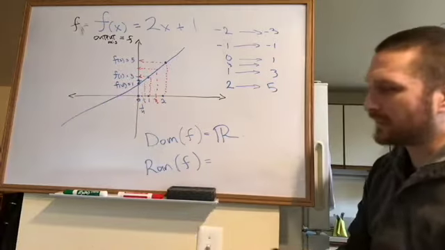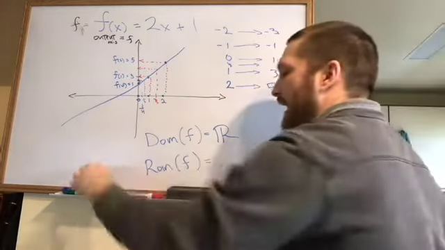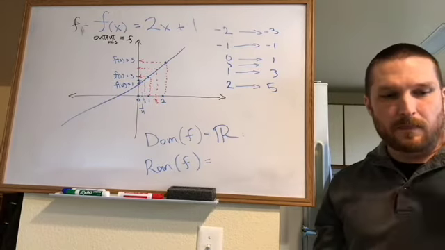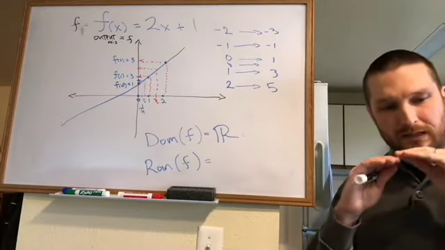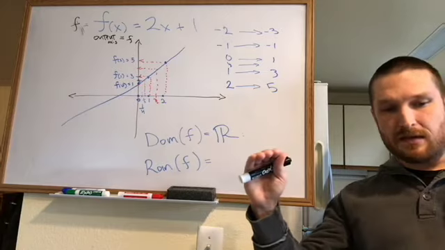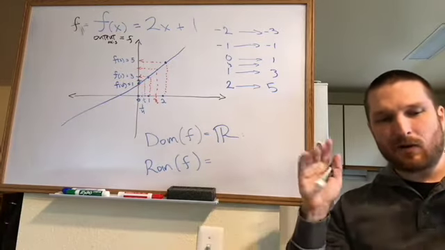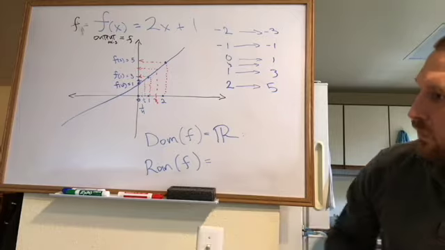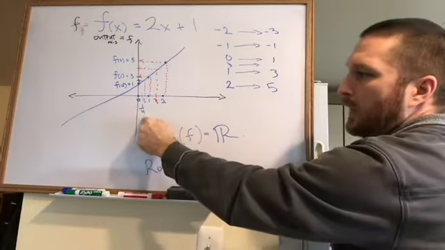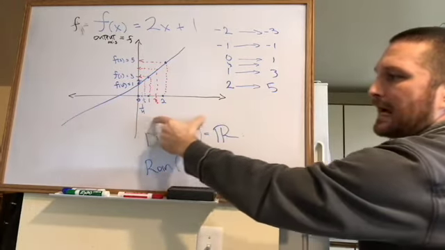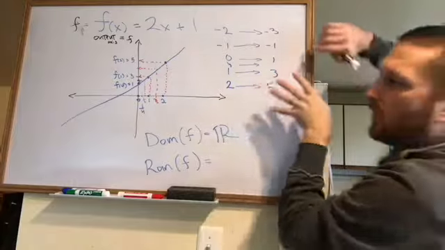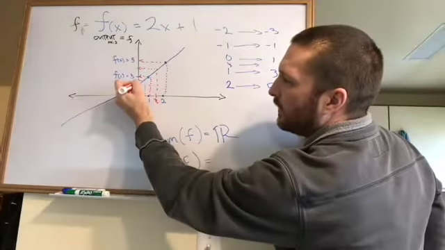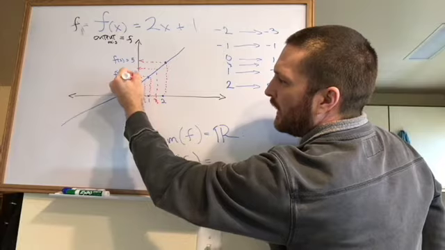And so this is kind of the idea I have in my head when we say we're plugging in all of the input values and seeing what gets hit by the output values. And so what I'm seeing right now is when I plug in all the positive real numbers, each one of those should hit something from here and up.